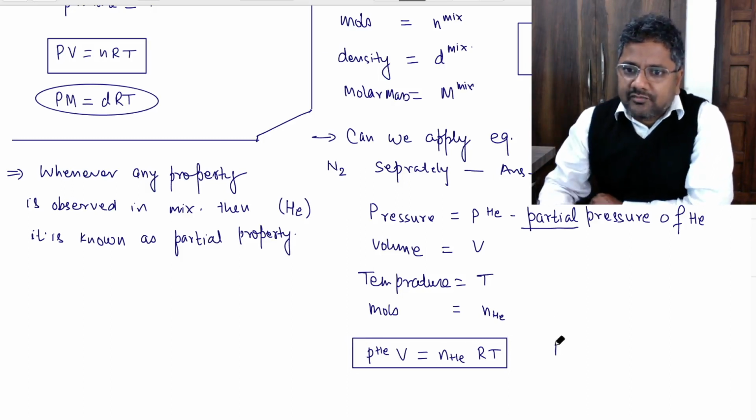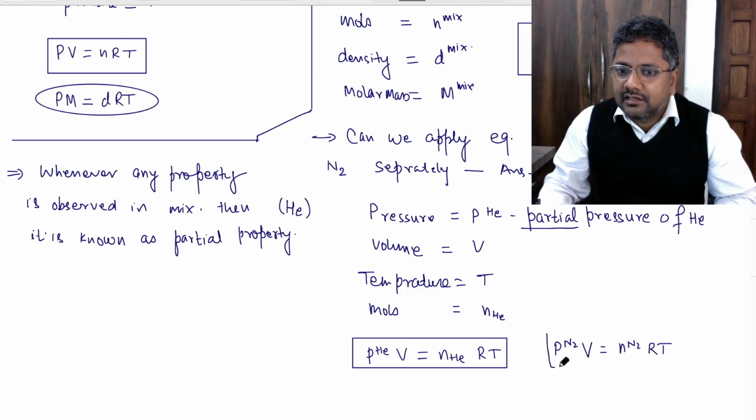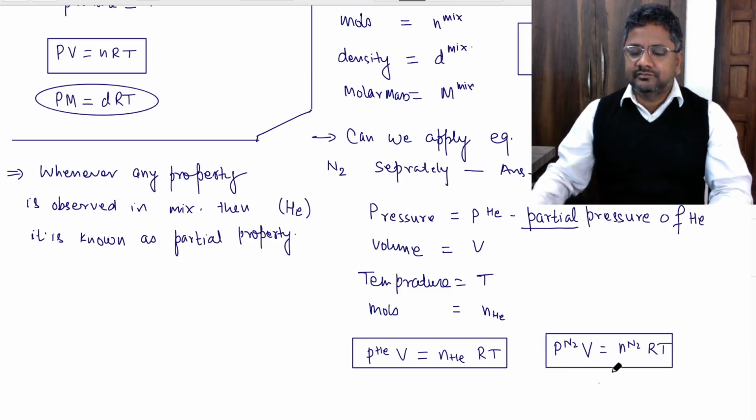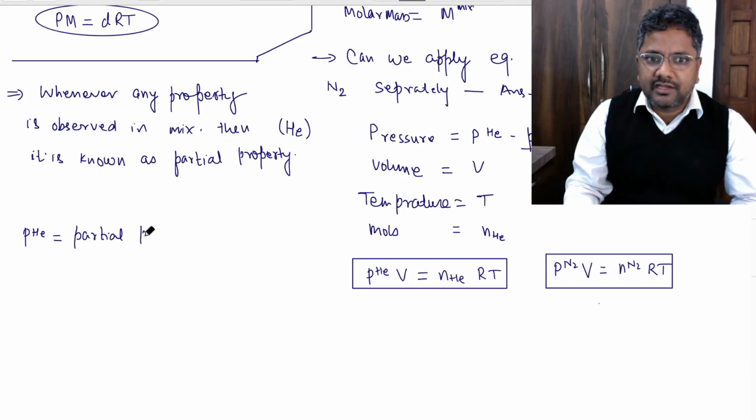Similarly, pressure of nitrogen times V is equal to moles of nitrogen times RT, right? And here P of helium is called the partial pressure of helium.